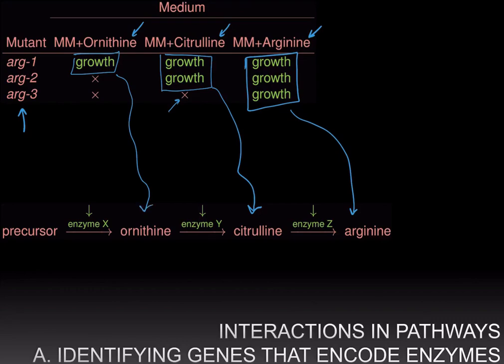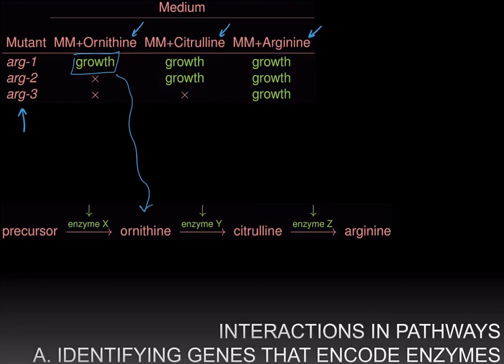Now, once we have decided on the order of the intermediates in the pathway, next we have to decide which mutant, and hence which gene, controls which particular step in the pathway.